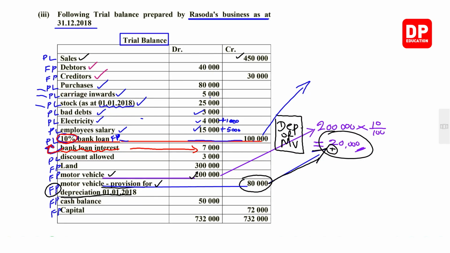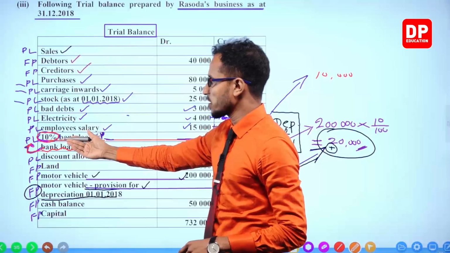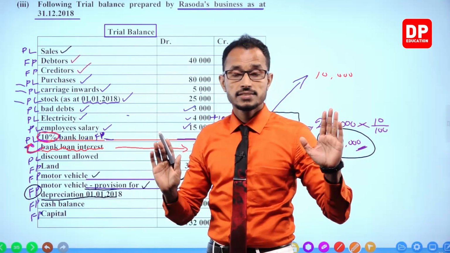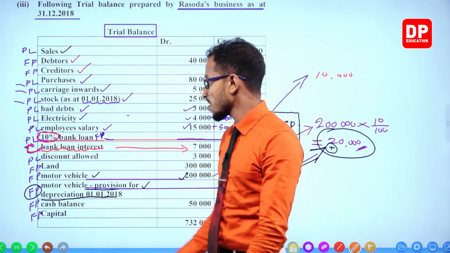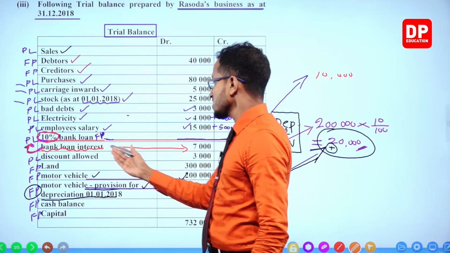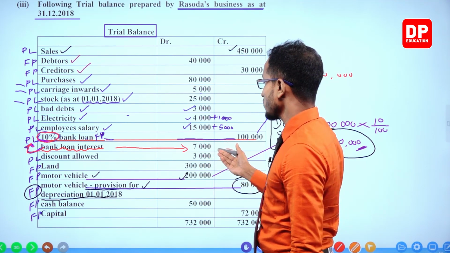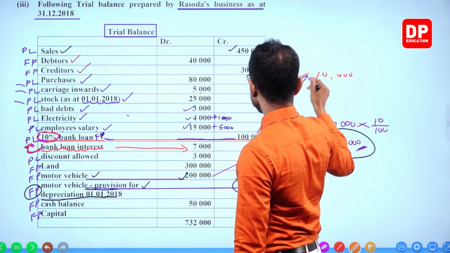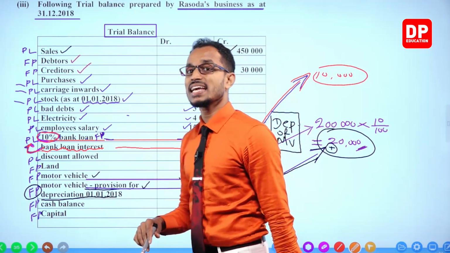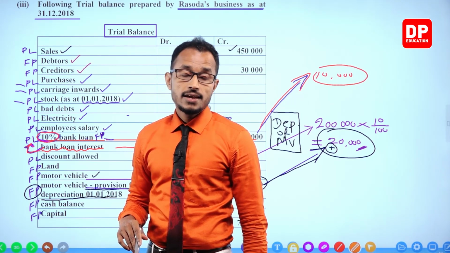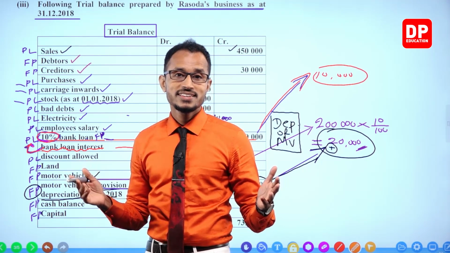We didn't do the calculation, but 10% out of bank loan 100,000 is 10,000. We already entered that for expenses. Now this bank loan interest is the paid value. Paid is only 7,000, but we know that the interest expense is 10,000, which means there is an accrued of 3,000.